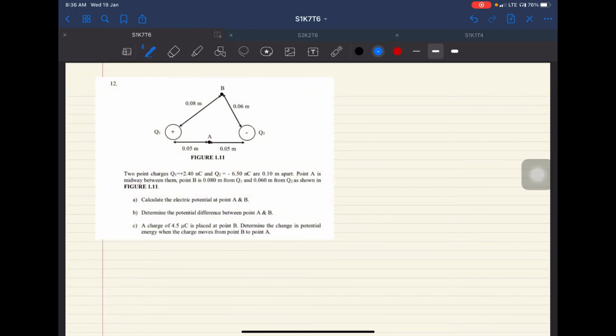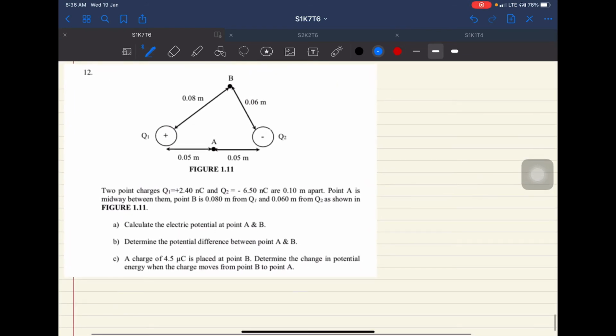Okay, so next question is question number 12. You are given a diagram. They have two charges, Q1 and Q2, and they want you to find the electric potential at points A and B. So electric potential is V. So the question wants to find VA and VB, and then they want to find delta VAB.